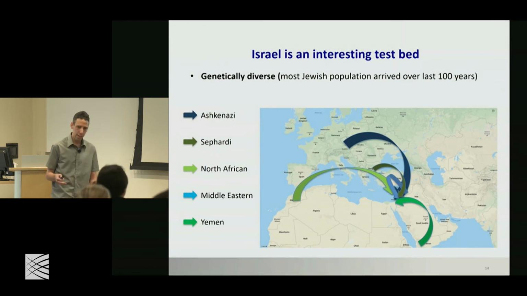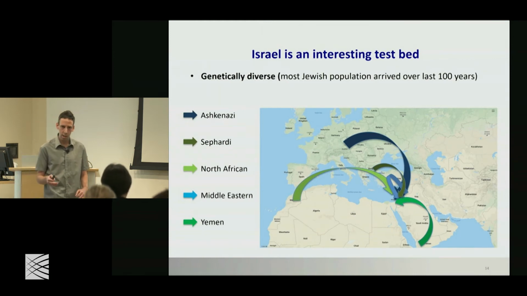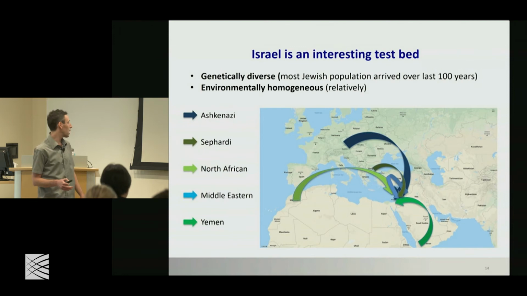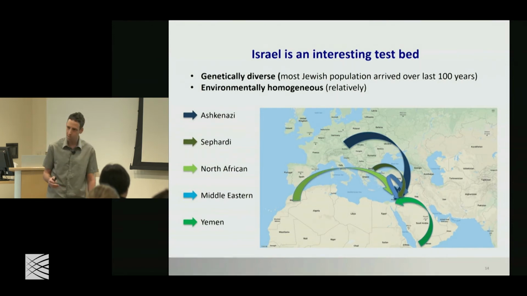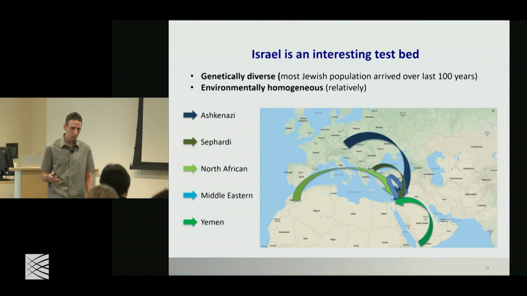And so we have a lot of genetic diversity because these ancestries were separated for at least hundreds of years. But on the other hand, the population is relatively environmentally homogeneous, because of the cultural history of Israel. People from different ancestries, for the most part, lead more or less the same lifestyle, and they eat more or less the same kinds of food. So we don't really have a reason to believe that ancestry is associated with environment.